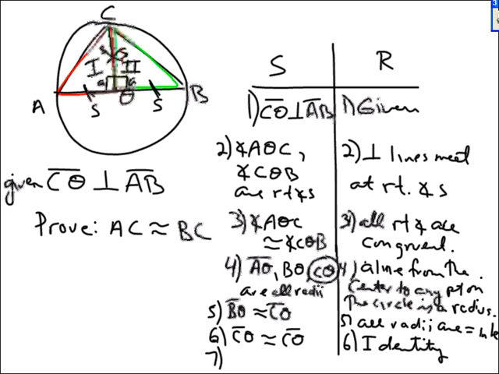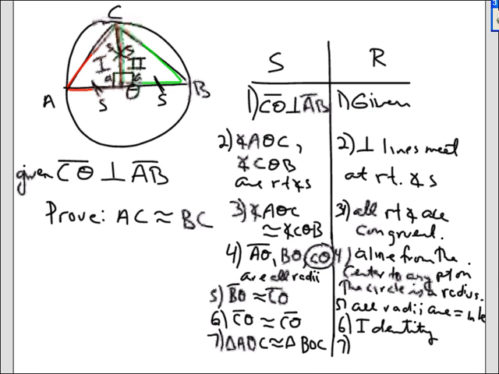So number 7 is just going to be that the two triangles are congruent. Triangle AOC is congruent to triangle BOC. And the justification is side angle side is congruent to side angle side. So now the two triangles are congruent.